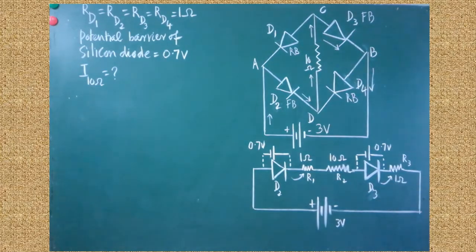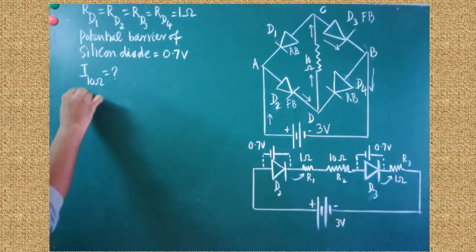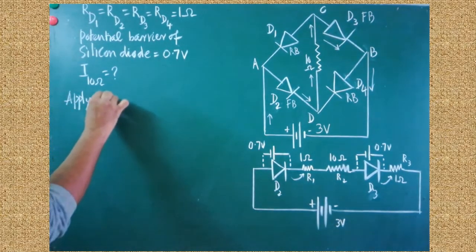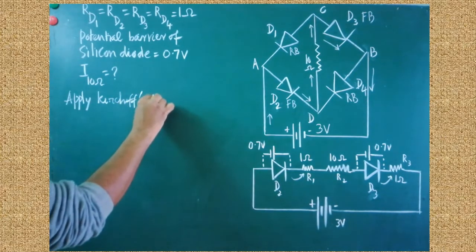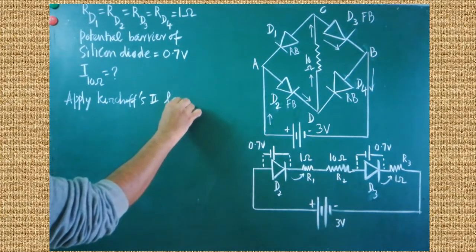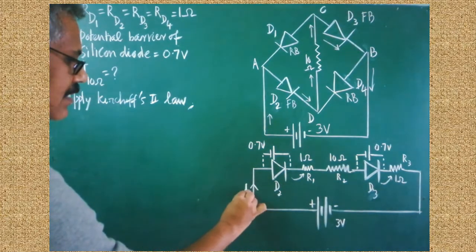Now we are going to apply Kirchhoff's second law. We know about Kirchhoff's second law. Now here we have to write the statement: apply Kirchhoff's second law for the equivalent circuit. First we have to calculate all the products of current and resistance. Let us imagine some amount of current I is flowing.